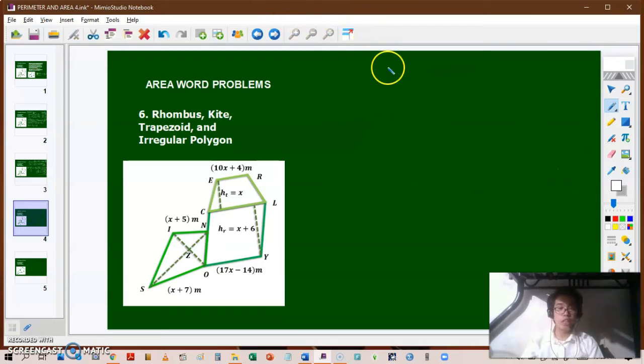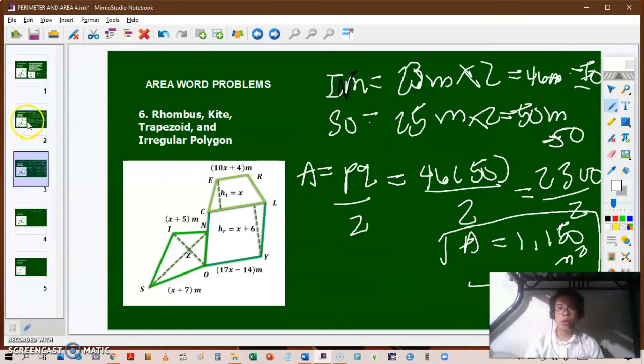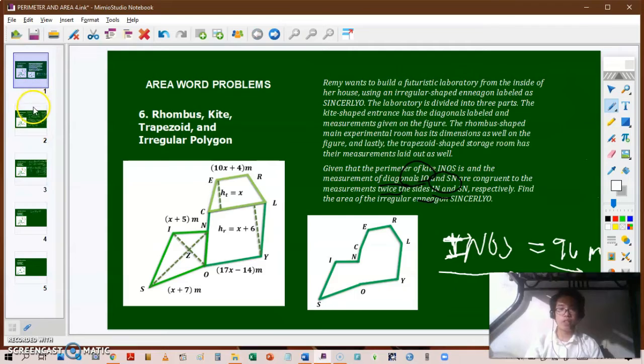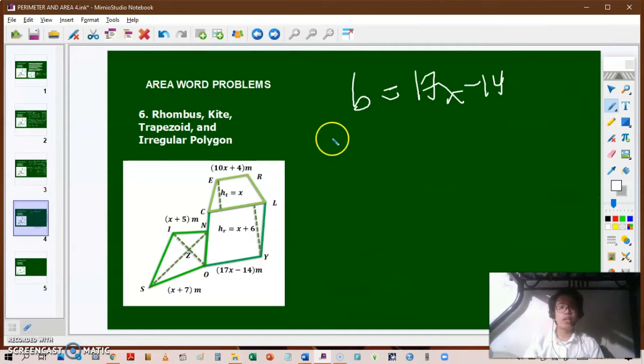Now to solve for the area of the rhombus. The area of the rhombus is given by the base, so the base is 17x minus 14, and again the value of our x, we've already solved that, is 18. So we just simply substitute 18 here.